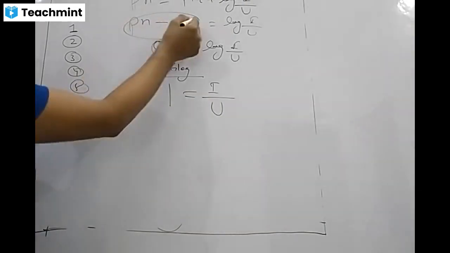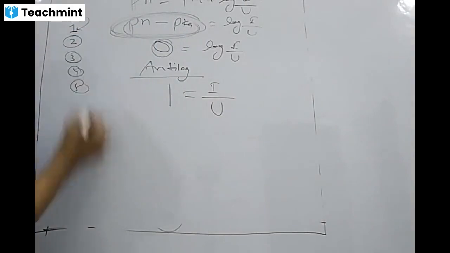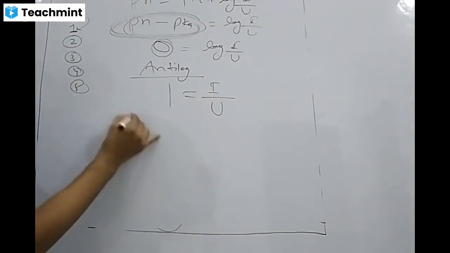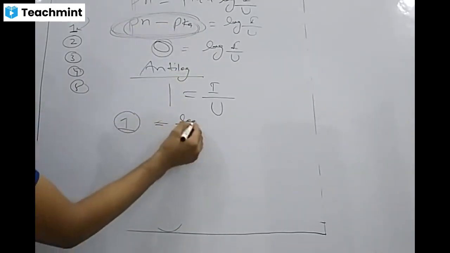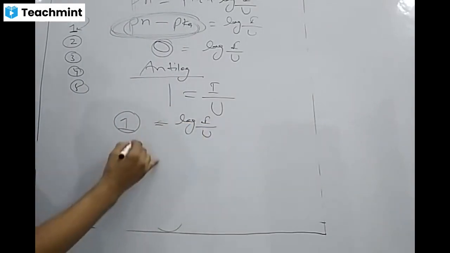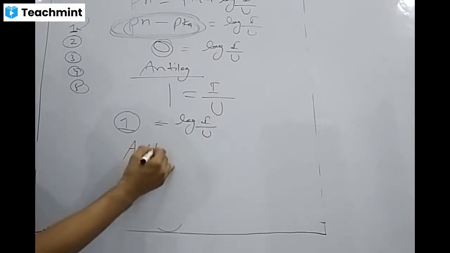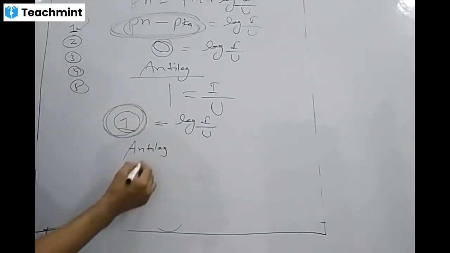But if I change my pH from 0 to 1, if I increase by 1 unit, this difference, if I write 1, then this equals ionized divided by unionized. Again, I will take anti-log. This time, what is the anti-log of 1?